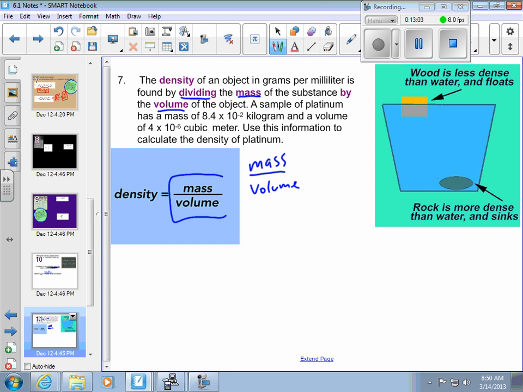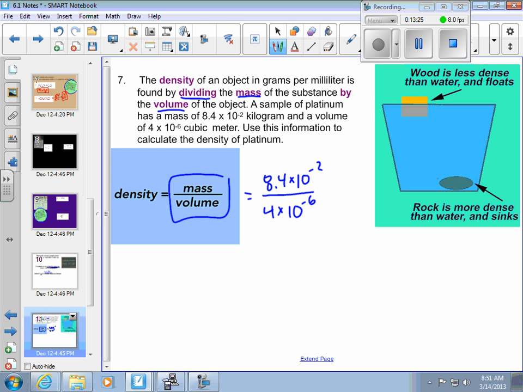So we want to put the mass on top, which is 8.4 times 10 to the -2. And the volume is 4 times 10 to the -6. Use this information to find the density. So we're going to divide that.